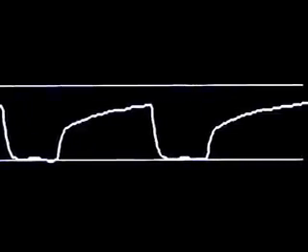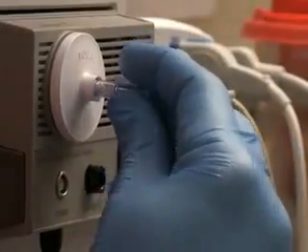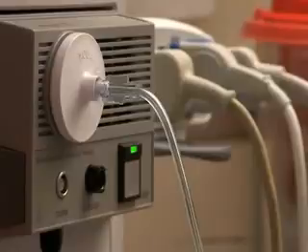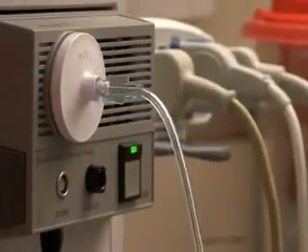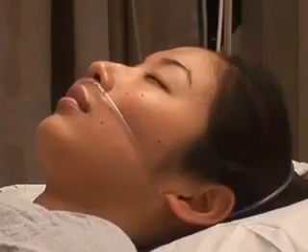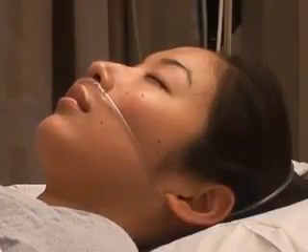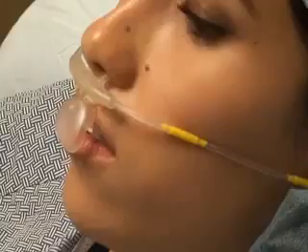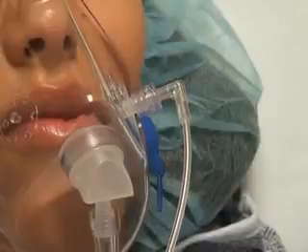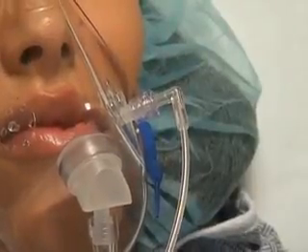The response of a side-stream device to changes in carbon dioxide concentration is delayed by a few seconds, since the gas must travel through the sampling line before it can be analyzed. However, in patients who are not intubated, side-stream capnographs can be used conveniently with a face mask or nasal cannula to monitor respiration. Nasal cannulas and face masks that feature integrated CO2 sampling are commercially available.